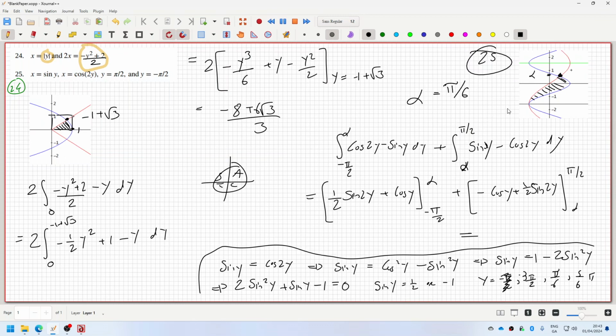Okay. Let me check it out. A half sine 2 times pi over 6 plus cos pi over 6 minus cos pi over 2 plus 1 over 2 sine pi.